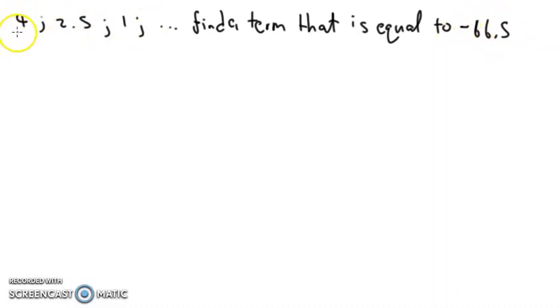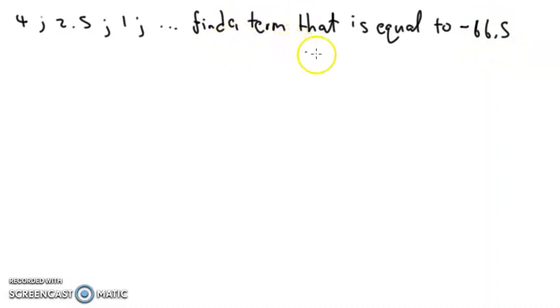So you're given this sequence here. You have 4, 2.5, 1, and at some point you're going to arrive at negative 66.5. And they are asking us to find a term that is equal to negative 66.5.